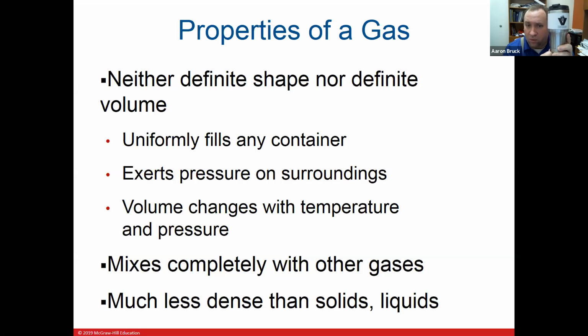We also know from our own experiences that volume can change with temperature and pressure. Probably the most common example of this is look at your car. Your tires on your car will change in pressure based on temperature. And if we have enough of a difference, we'll actually see that the tire will deflate or inflate based upon temperature conditions and based on pressure conditions as well.